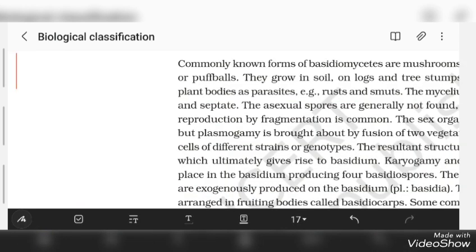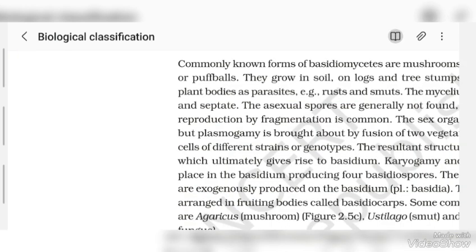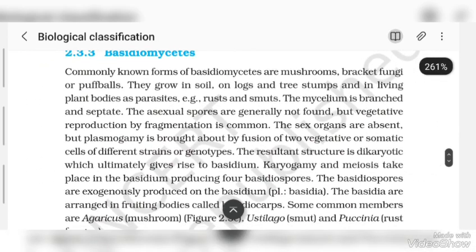Commonly known forms of Basidiomycetes are mushrooms, bracket fungi, or puffballs. They grow in soil, on logs and tree stumps, and in living plant bodies as parasites, for example rust and smut. The mycelium is branched and septate.